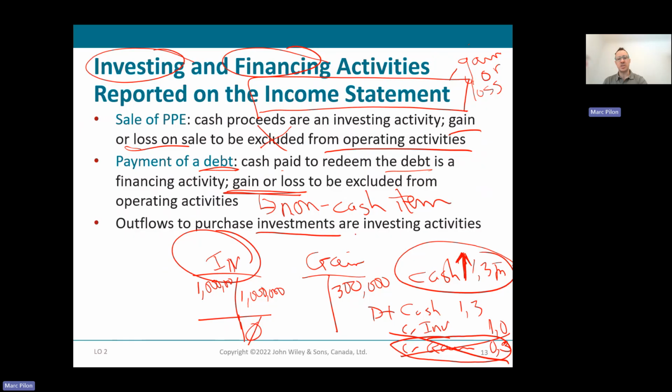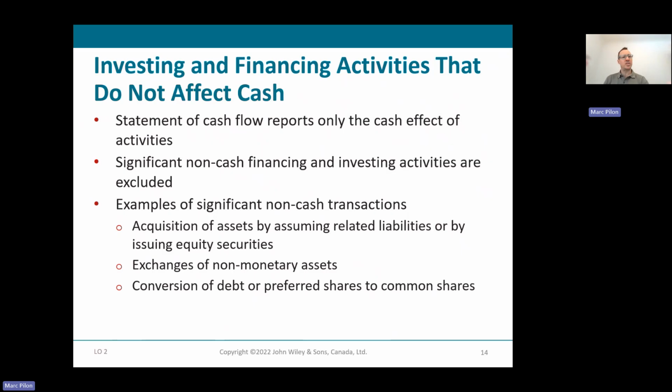Outflows to purchase investments are investing activities. Nothing surprising there. What are other things that are non-cash items? The statement of cash flow reports only the cash effect. Examples include the acquisition of assets by assuming a related liability. But it has to really be the same transaction, with no exchange of cash.